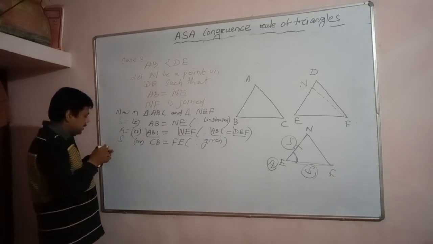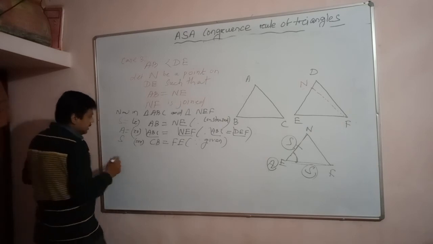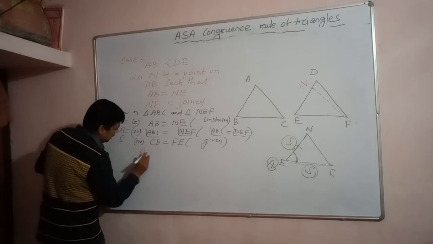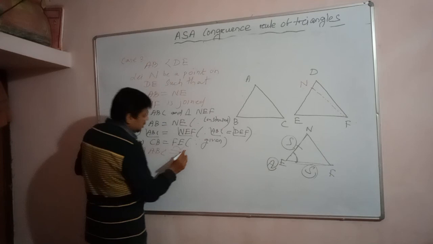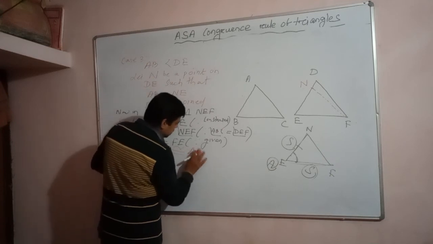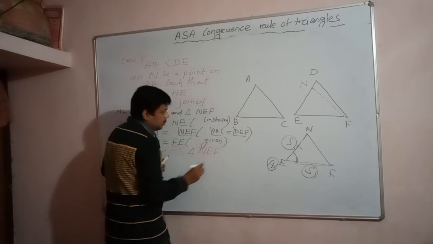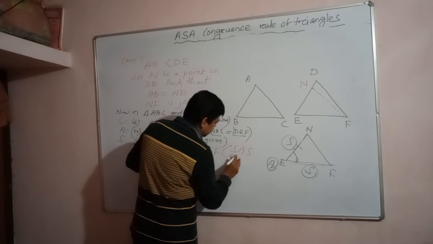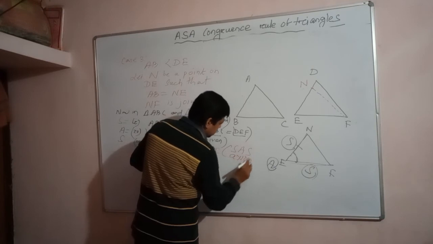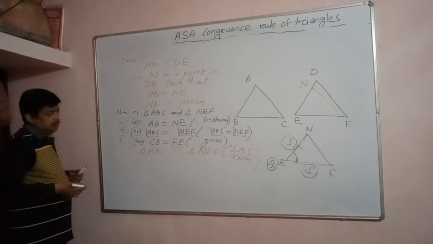So the side angle side criterion is satisfied. Thus we can say, hence triangle ABC is congruent to triangle NEF by the side angle side axiom.